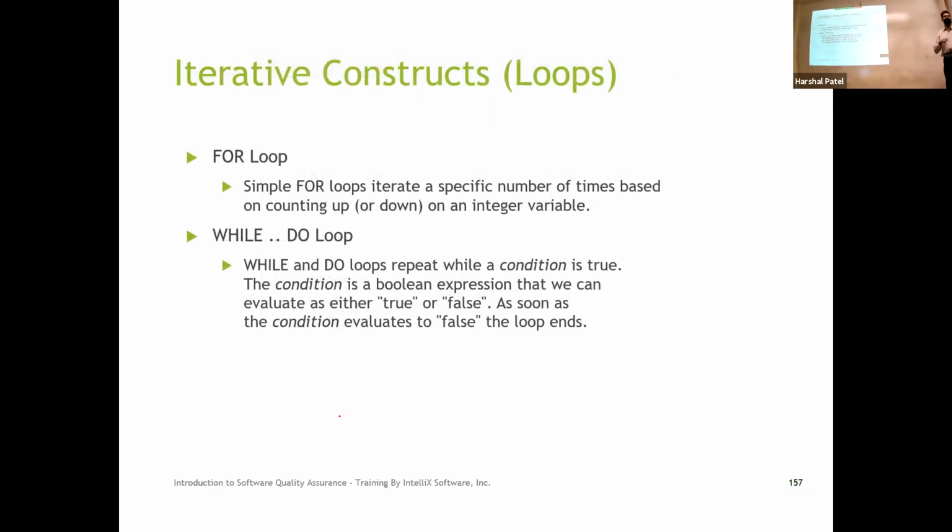Then we talked about sequential, conditional, and then the third one is iterative. So this particular command or flow is used when I want to repeat certain things over and over again. So let's take an example. I want to keep prompting the user till he or she enters a certain value.